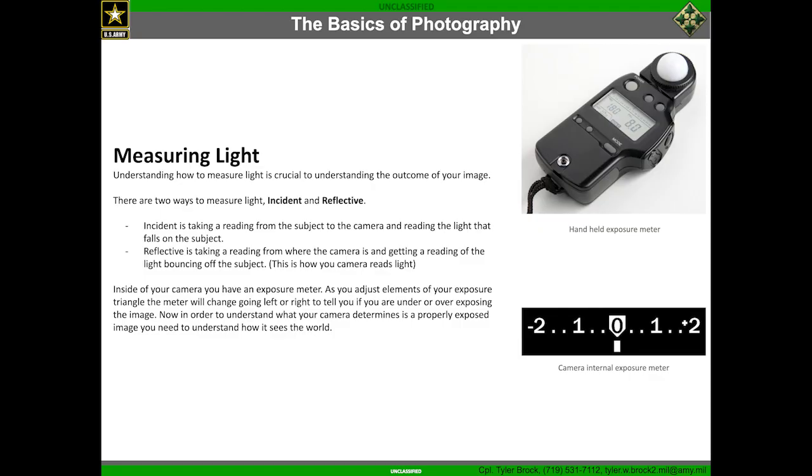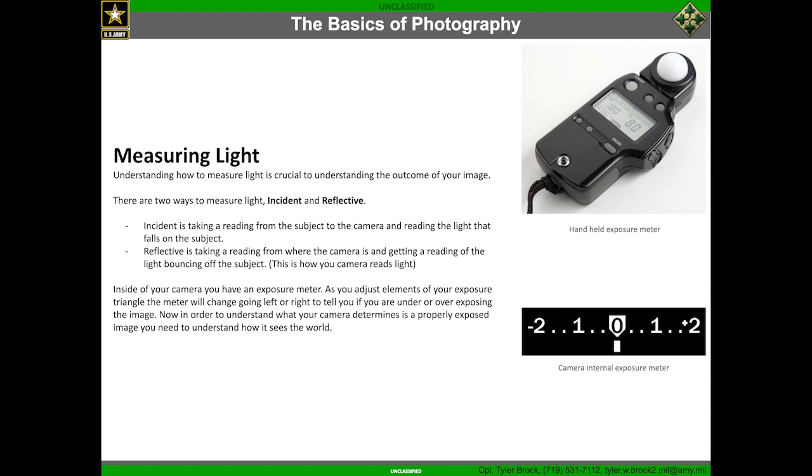So measuring light. Again, I'm not going to read this slide word for word, but keep in mind those stops of light, the stops, and your shutter speed, ISO, and aperture. You can use what is called an exposure meter, and what your exposure meter does is it measures light for you.